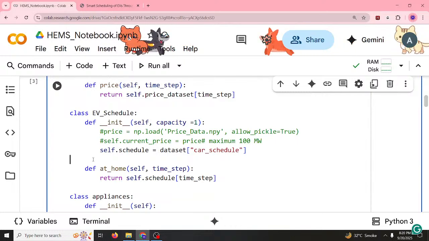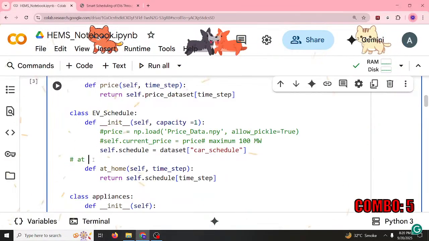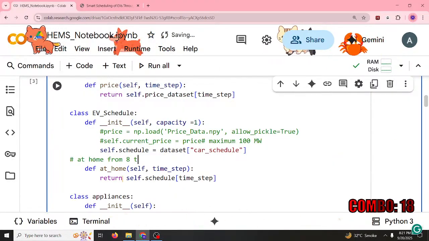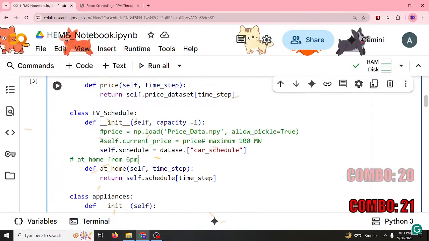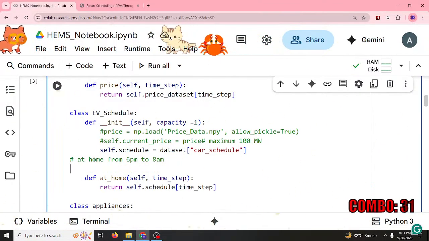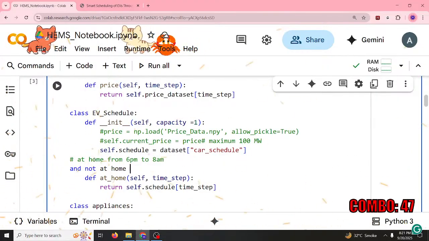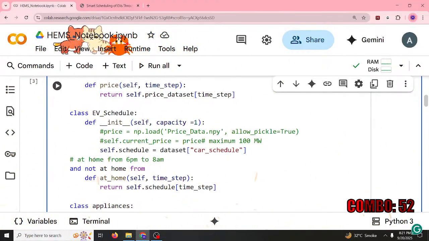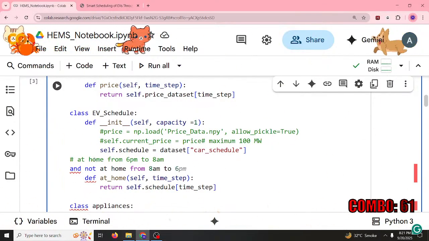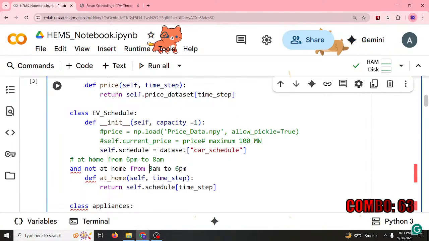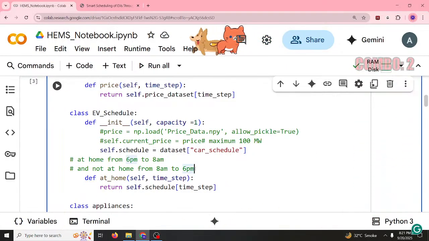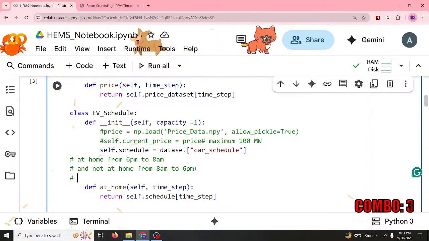So let me tell you that, let's say a person is at home from 6 p.m. to 8 a.m. and not at home from 8 a.m. to 6 p.m. simply. But what we have done here is something amazing.